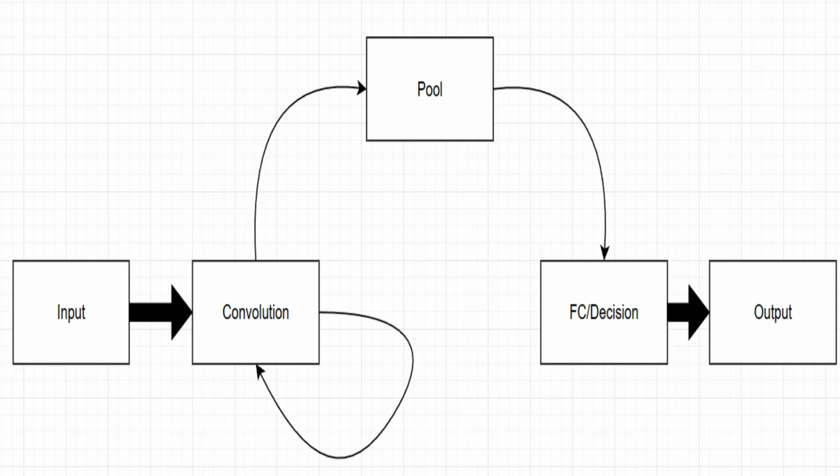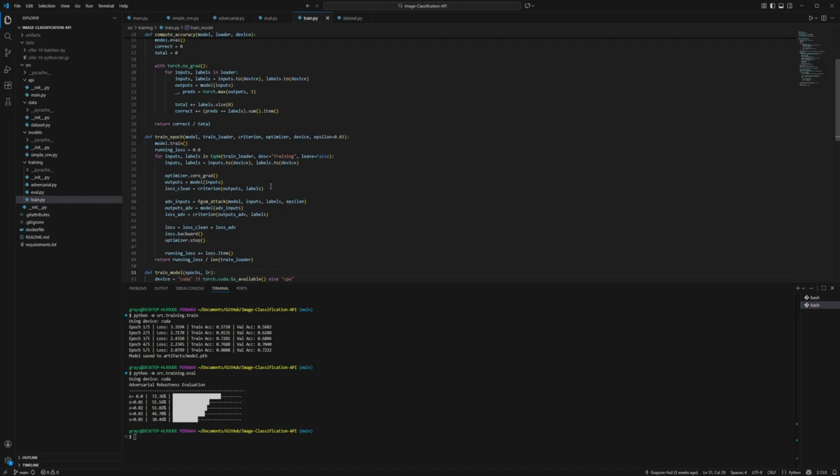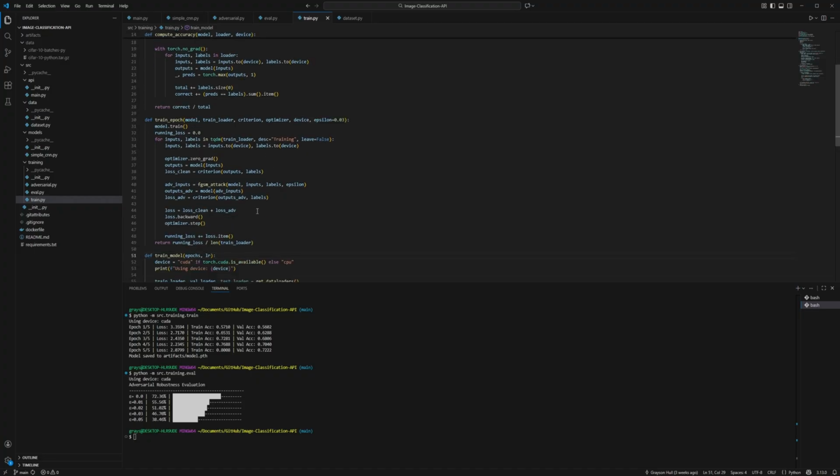And we can see in our code example, under the training, our loss ends up becoming a total running loss. This is for our loss of clean and adversarial, rather. This gives us slightly different loss values than we may otherwise expect.